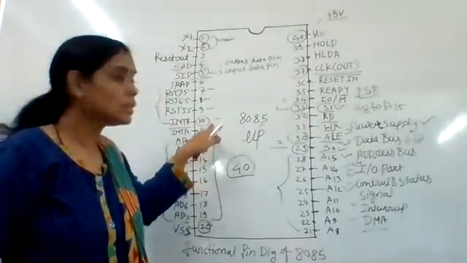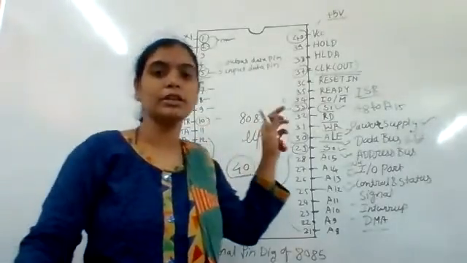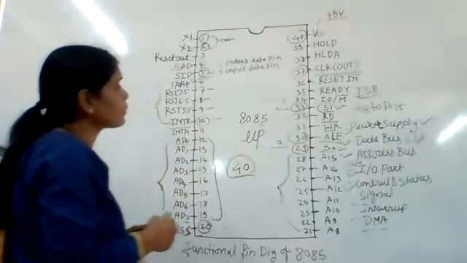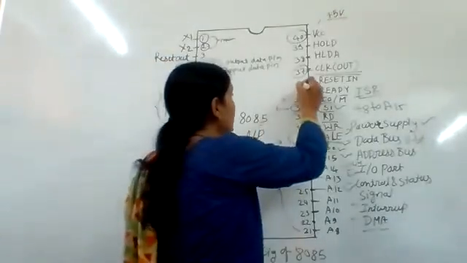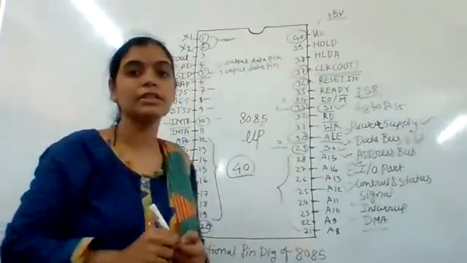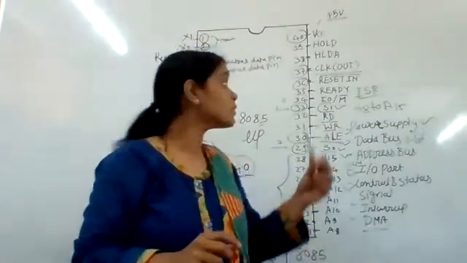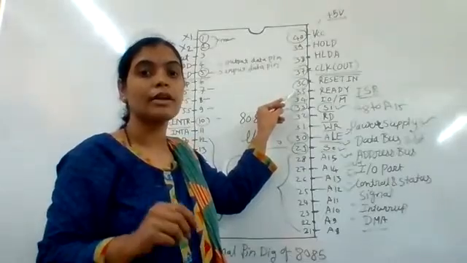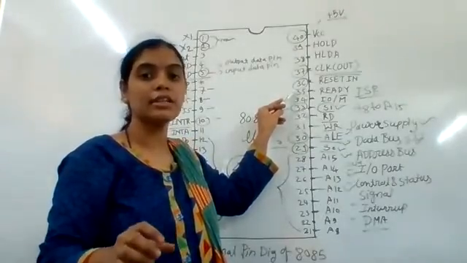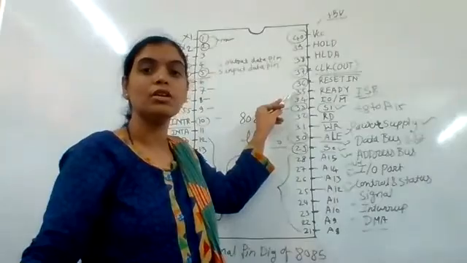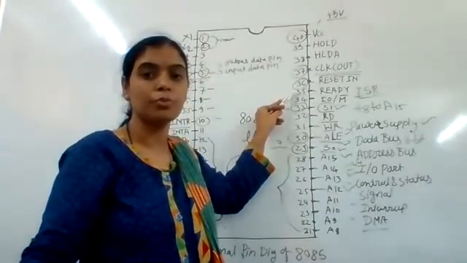Now we see pin number 36, RESET IN. An active low signal at this pin resets the PC of the microprocessor to 0 or low.